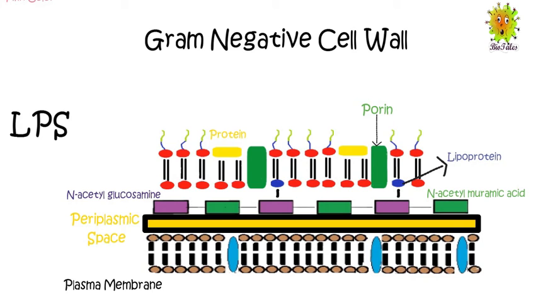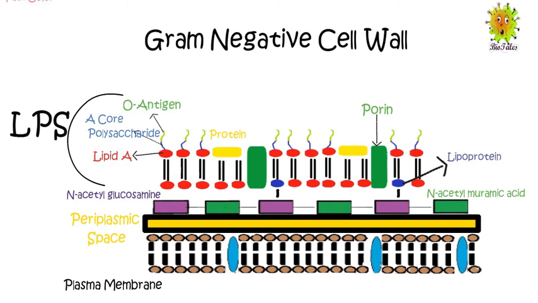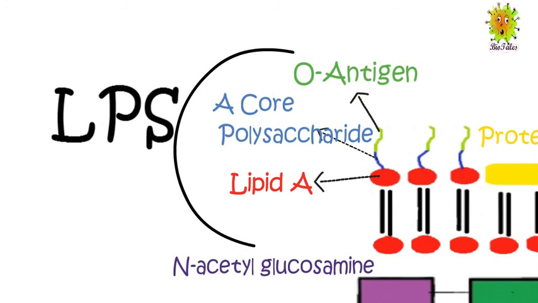There are three main components of lipopolysaccharides: lipid A, a core polysaccharide, and an O-antigen. The lipid A component attaches the lipopolysaccharide to the outer membrane. Attached to the lipid A is a core polysaccharide.